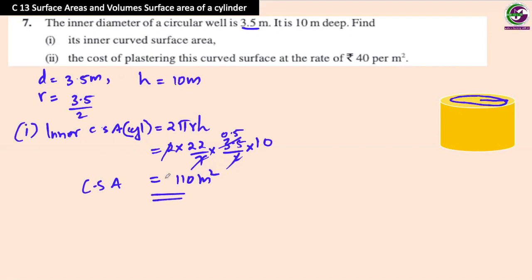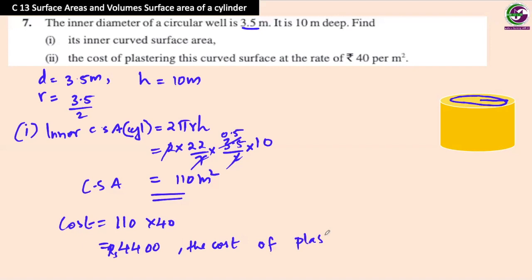That is the first part. And then we have to find the cost of plastering this curved surface at the rate of 40 per meter square. So cost will be equal to 1 meter we have to pay 40 rupees. So 110 we have to pay 110 times 40, which is equal to rupees 4,400 is the cost of plastering curved surface area.